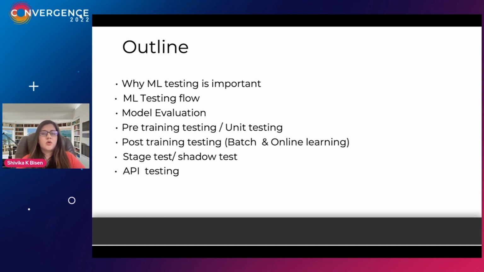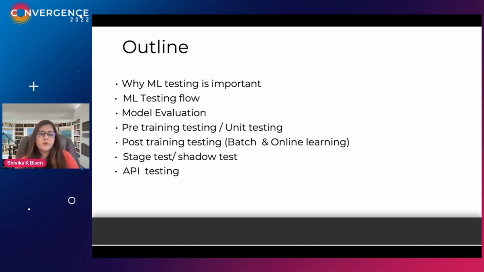Then we'll see how to evaluate models, then learn about pre-training testing, which is commonly also called unit testing. Then we'll talk about post-training testing, which we'll look at through 2 different lenses. Batch learning and online learning are 2 different machine learning deployment strategies, and we'll see how to test these strategies after we train the model.